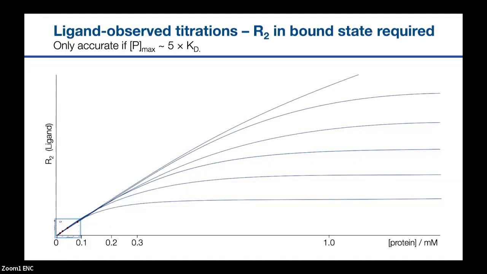They all fit these points. So how could we get a KD or an affinity from a ligand observed titration, which is so easy to do? Well, the plateau is essentially the relaxation in the bound state. So if we are able to calculate the relaxation in the bound state, then we know where the plateau ends, and then we can fit the curve. And this was our aim in this project.